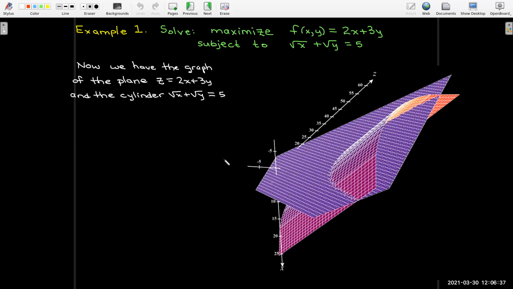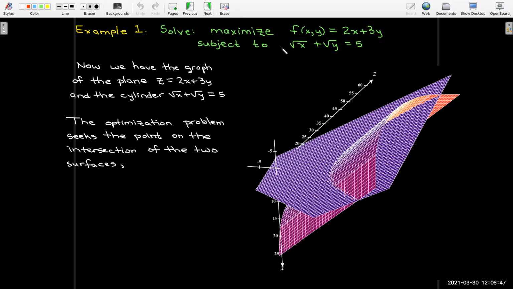And now let's add the plane. That is our objective function. So let's add the plane in there. And what we're trying to do with this optimization problem is find the point on this line of intersection between the cylinder and the plane, which maximizes, which has the largest z value, the largest 2x plus 3y value.